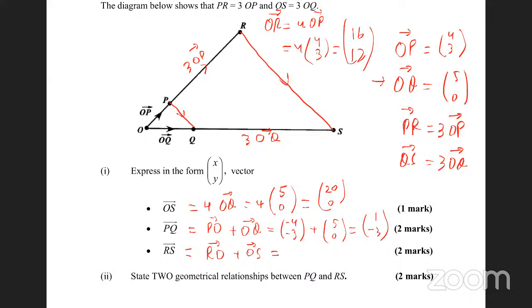We have to get that whole line there, we didn't work out that. So RO is minus (16, 12), that is (minus 16, minus 12). And OS, we worked it out and got (20, 0). So the answer I have here is (4, minus 12).